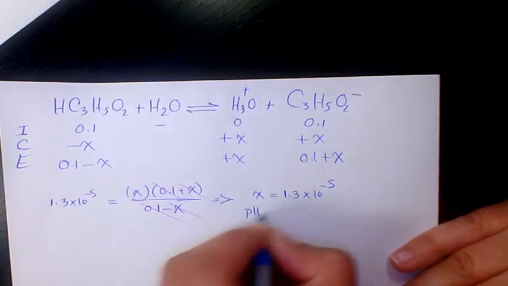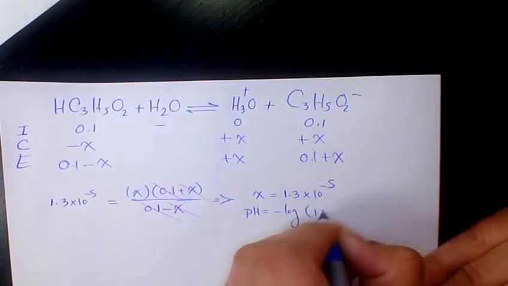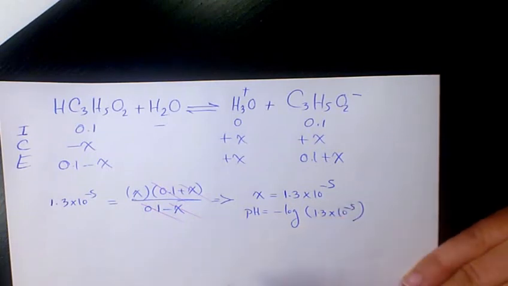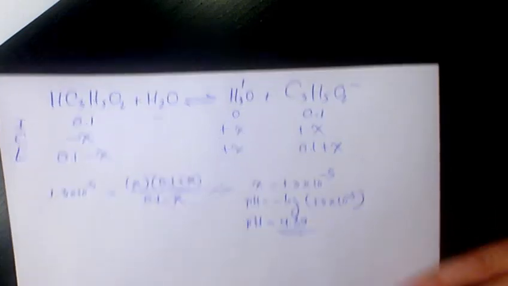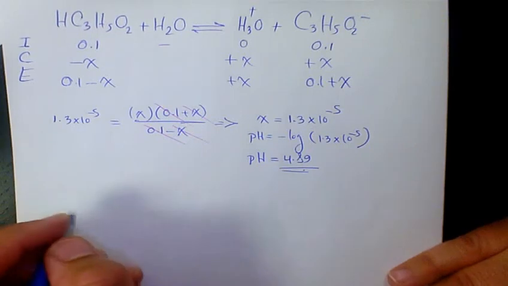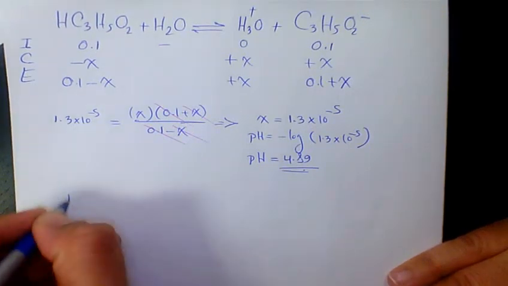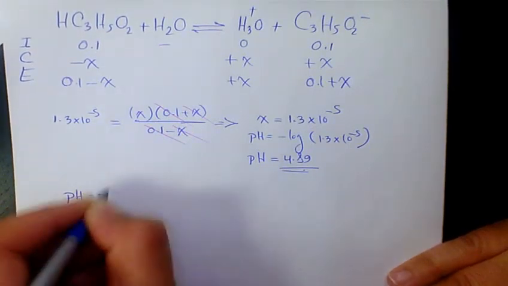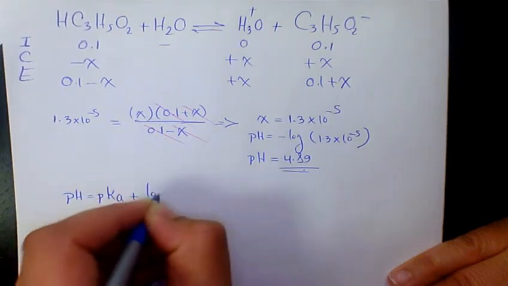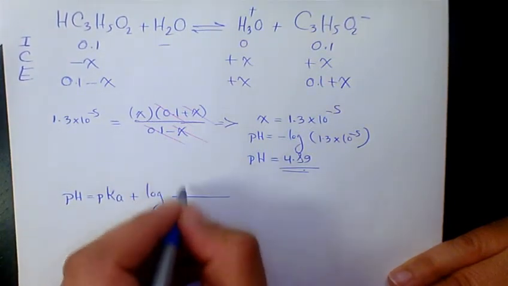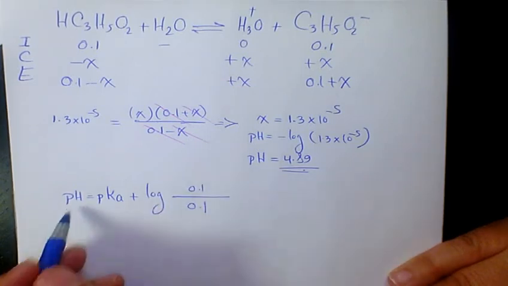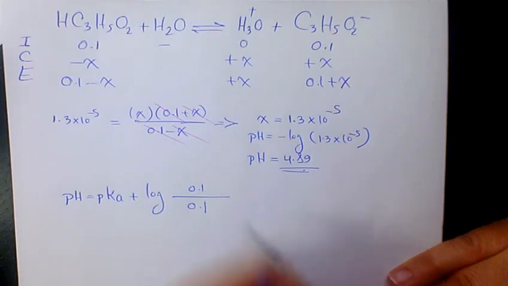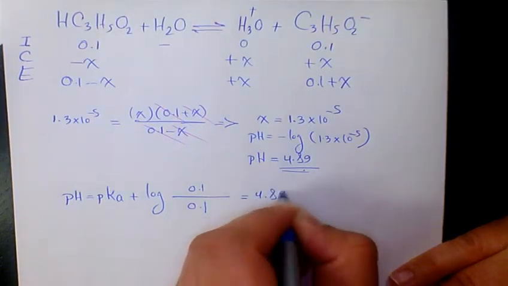So pH will be negative log 1.3 times 10 to the power of negative 5, so pH will be 4.89. Or we can use the Henderson-Hasselbalch equation. pH equals pKa plus log of base divided by acid, which is 0.1 over 0.1. Make it 1 and log is 0, so pH equals pKa, which is going to be equal to 4.89 as well.